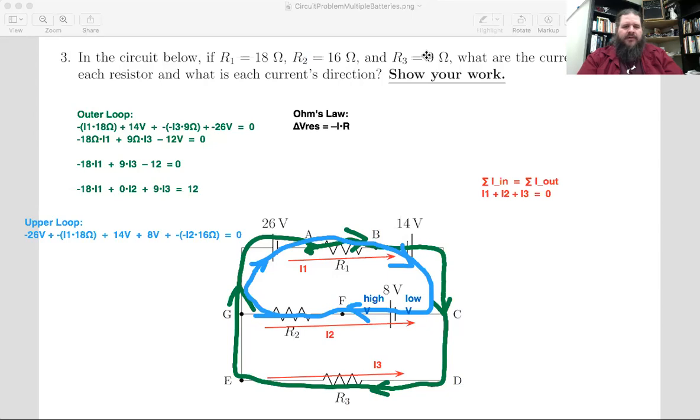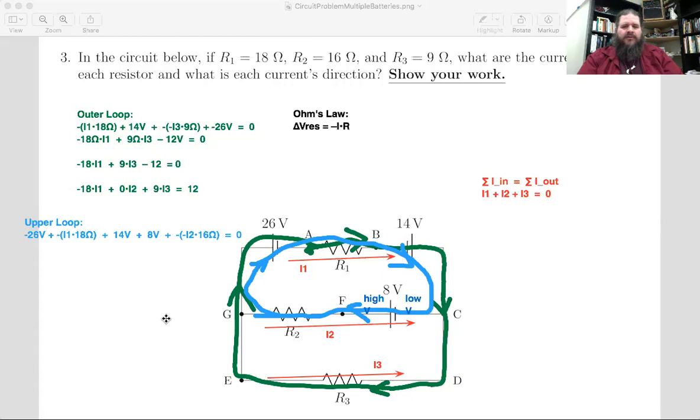In that case, it would change how we're writing the equations. You'd have I1 on the other side of the junction rule equation, and you'd have an extra negative next to I1 in all of the loop rule equations. But it would still work out to the same results. You just end up with I1 being the opposite number of what it was in this case. But as usual, the negative or positive sign just refers to direction of travel anyway.